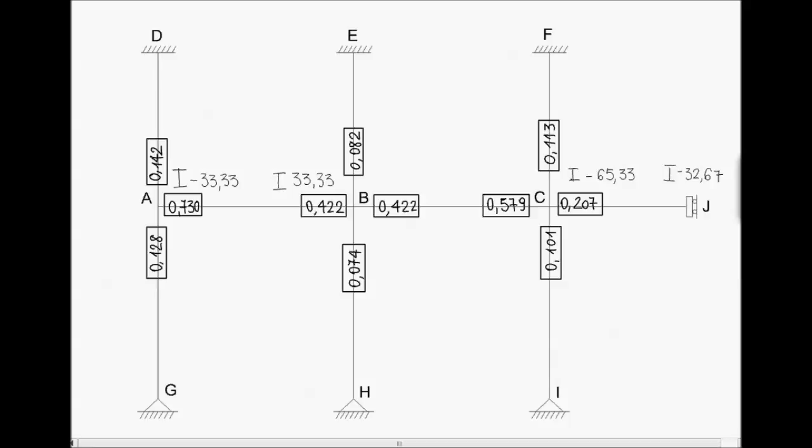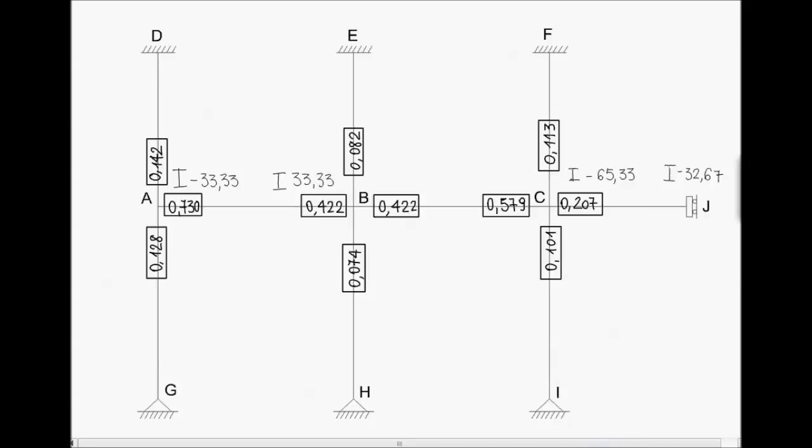These are the values of the fixed end moments, which are negative on node A, minus 33.33, positive on node B. The convention is always clockwise moments are positive. On node C we have minus 65.33, and on node J we have minus 32.67.